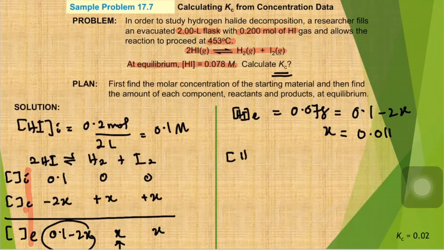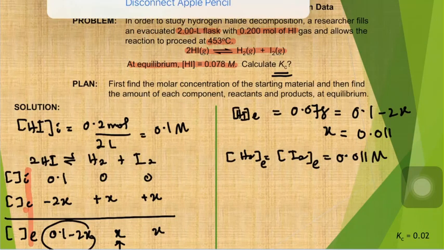So the concentration of the H2 is equal to the concentration of the I2, which is 0.011 molar. These are their concentrations at the equilibrium.